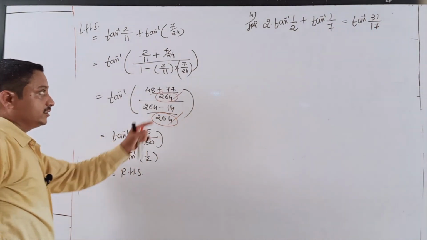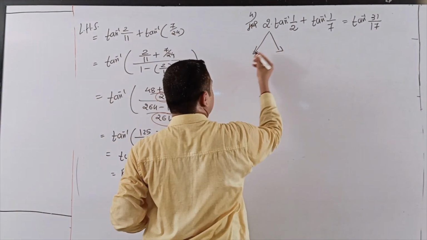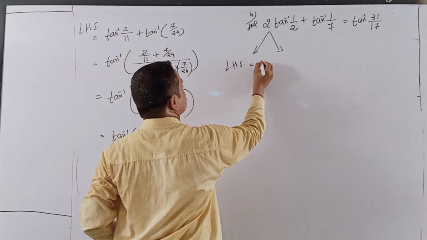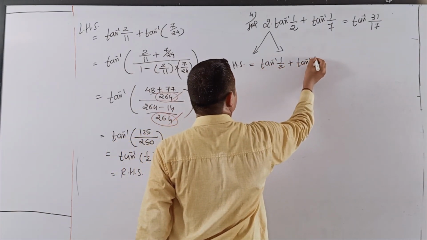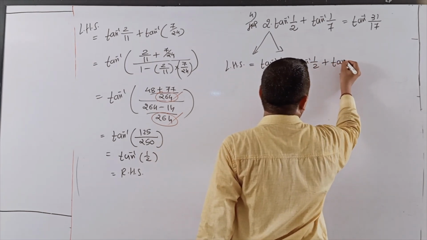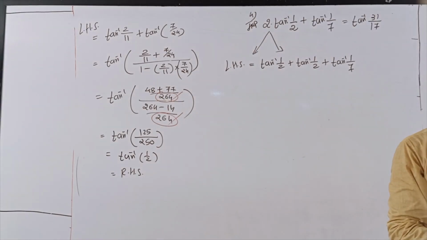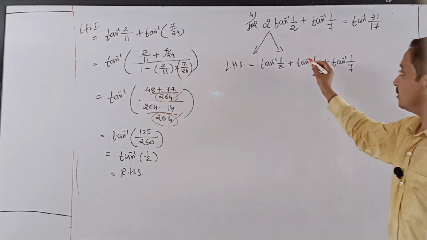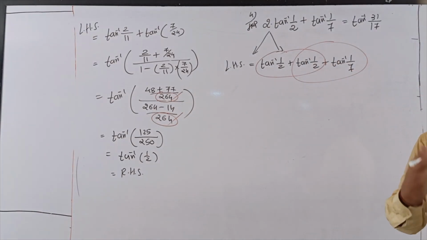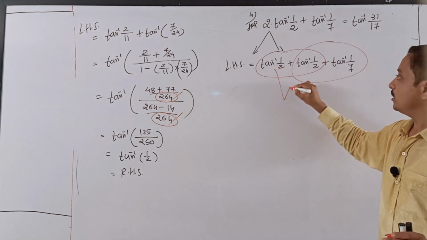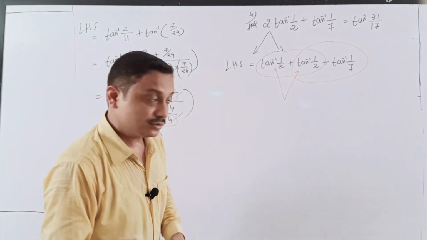Students, you look at that, these 2 times I am just making in 2 ways, and I just start: 1 time tan inverse half, again 1 time tan inverse half, and tan inverse 1/7 is as it is. Now students, you calculate either these two, either this two, as you like. Any one you can calculate. I calculate this two. First two, either last two also do.